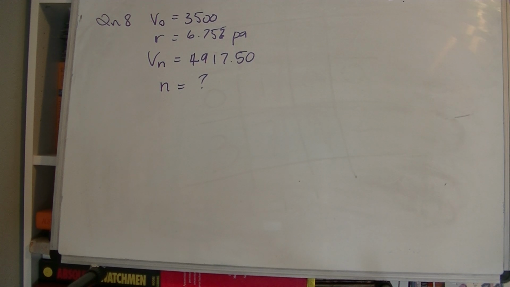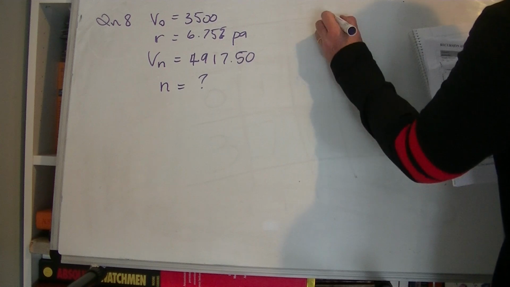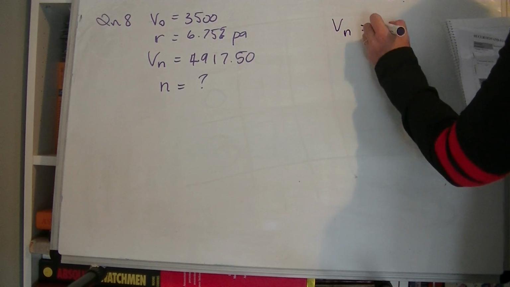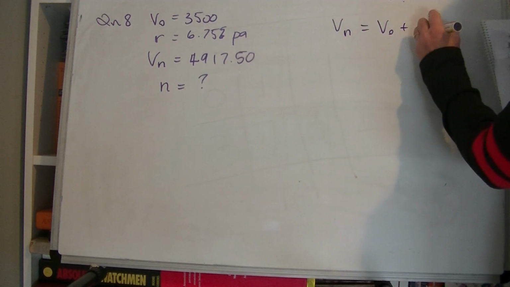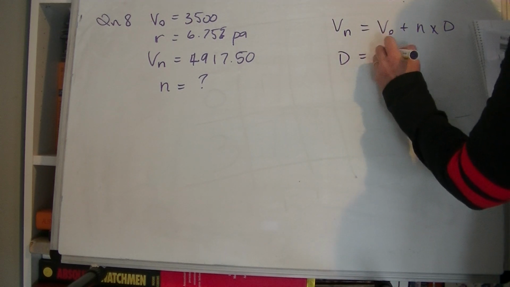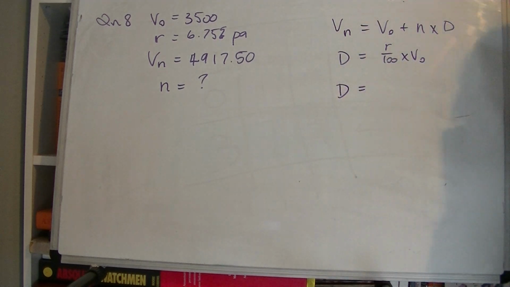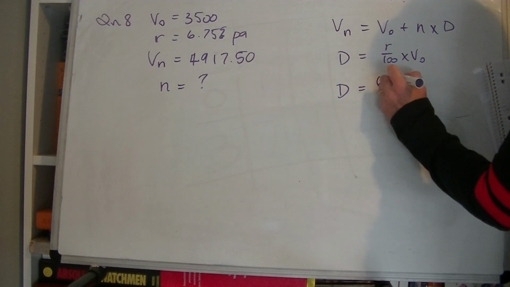Just going to identify what the rule is that we're using. So in this case for us, D is equal to 6.75 divided by 100 times by 3,500.